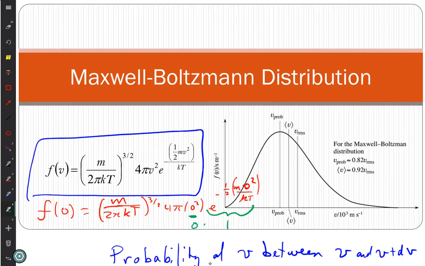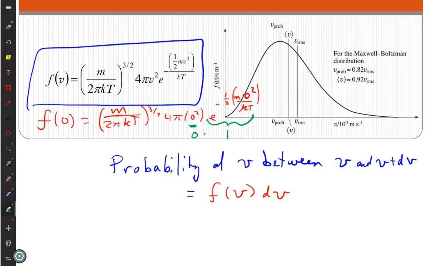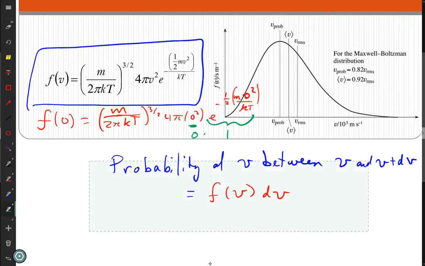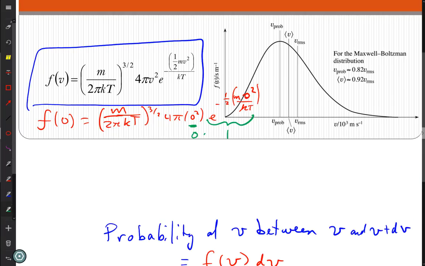Now go to the other extreme. What if we say, what's the probability of having an infinite speed?